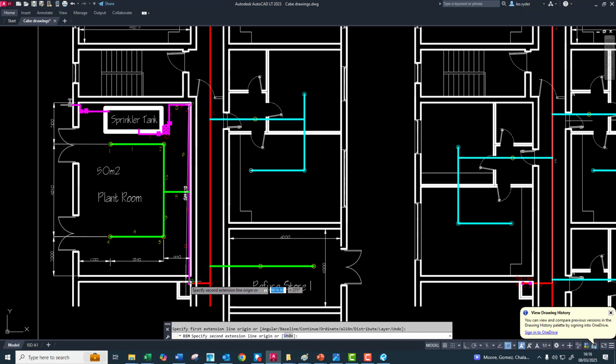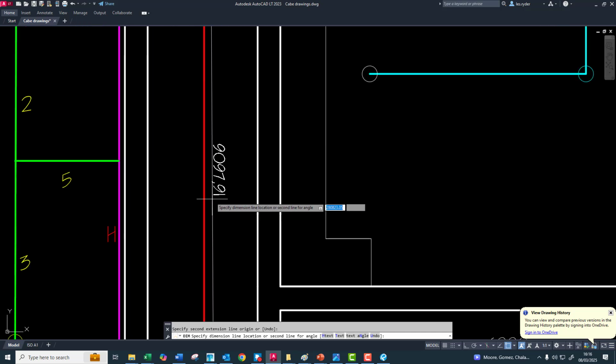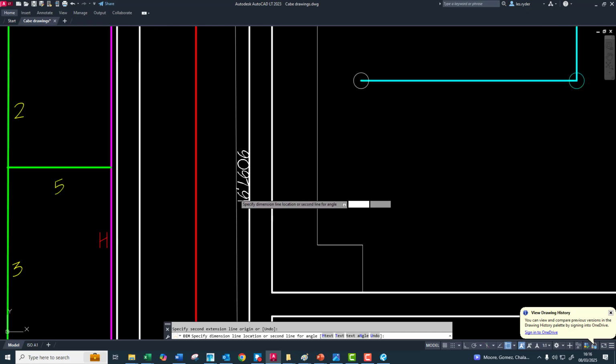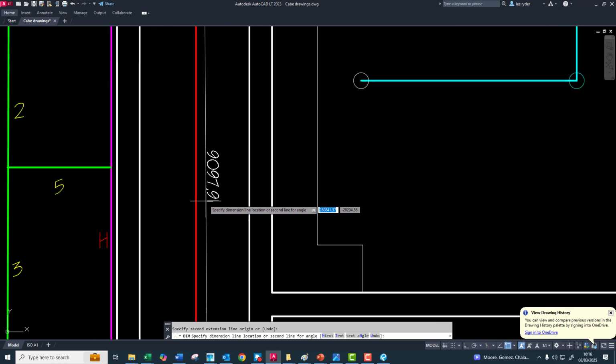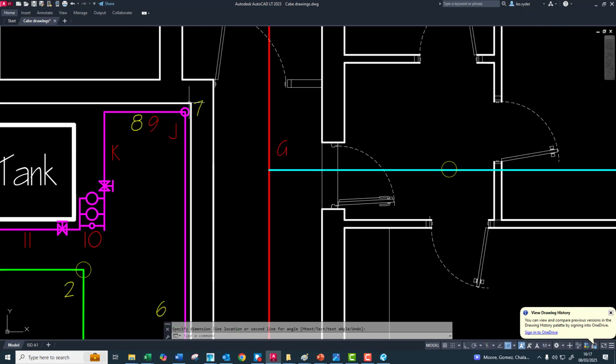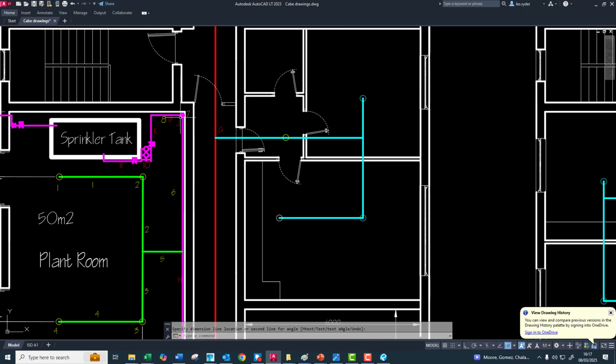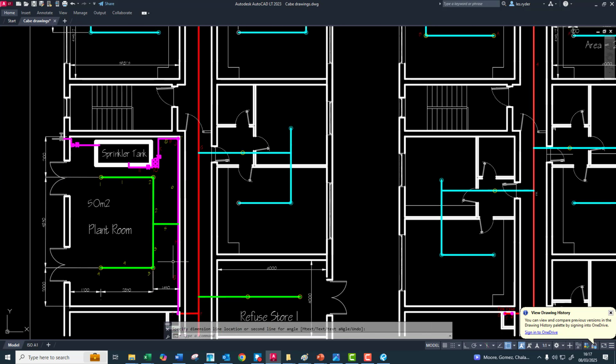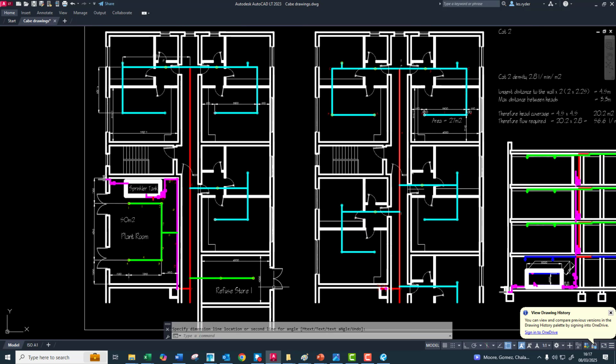I reckon it's about 9. Oh, 9.1. And then we've got 1 T, 1 elbow, as it turns out, and we're keeping it at 32.